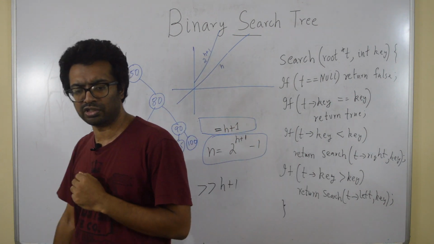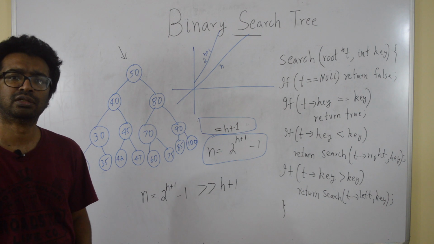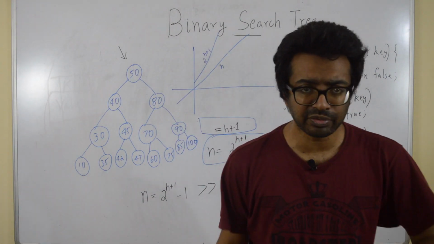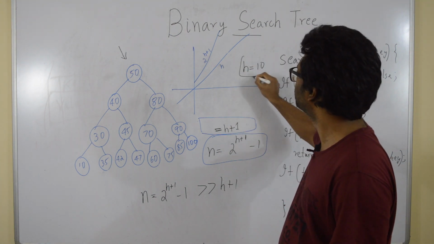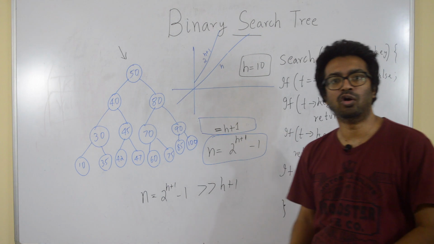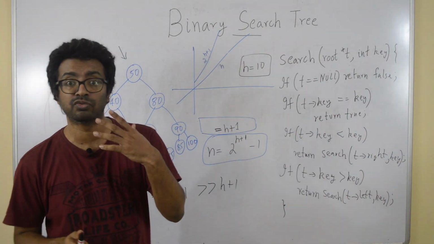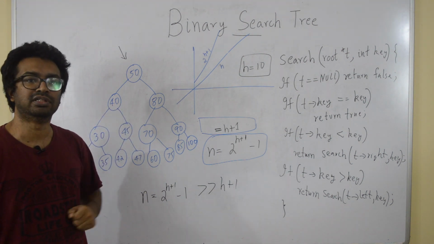What is the consequence? Imagine that h is, just take a look, what happens when h is 10? If you are doing a binary search tree, you have to look for 11 numbers. You will have to search 11 numbers, right?